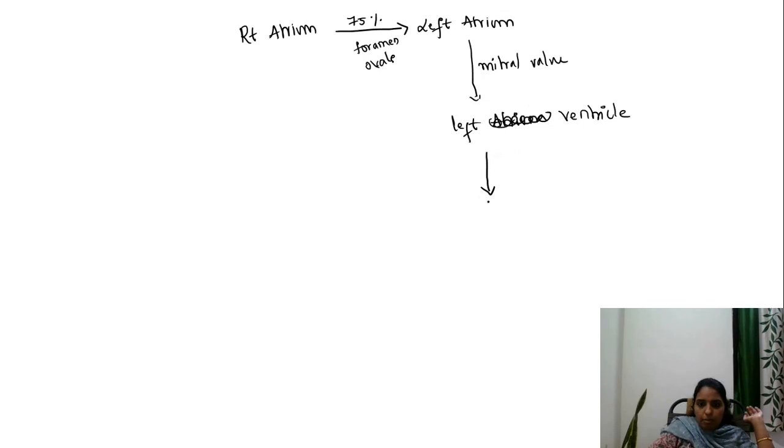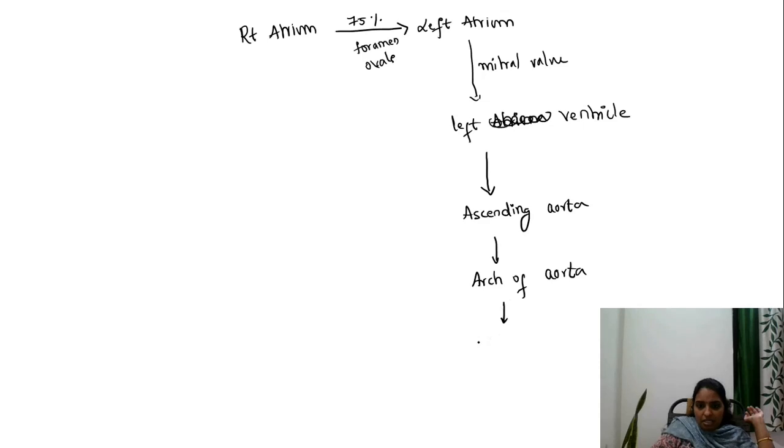From there, blood passes through the ascending aorta, and from there to the arch of aorta.